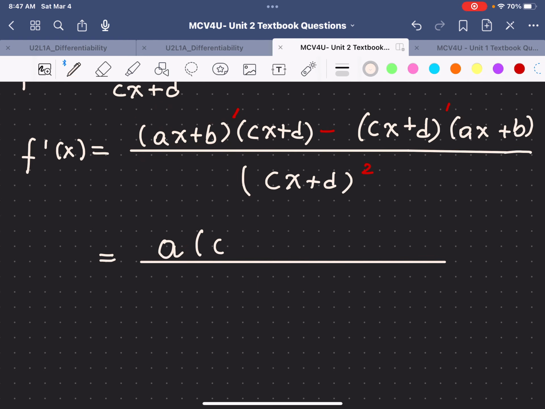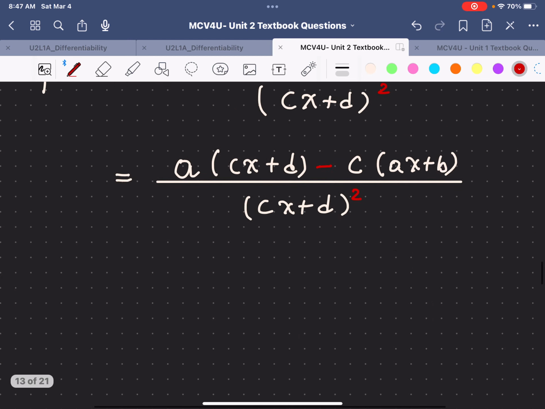This will multiply cx plus d. Then we have minus the derivative of cx plus d. Similarly, the derivative of cx is simply c, and the derivative of d is 0, multiplying ax plus b. And this will be over cx plus d to the power of 2.